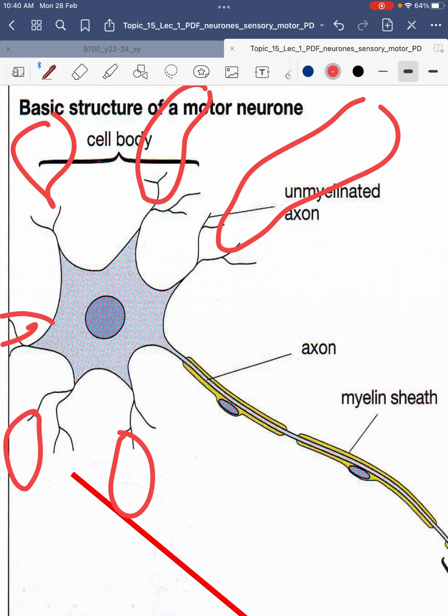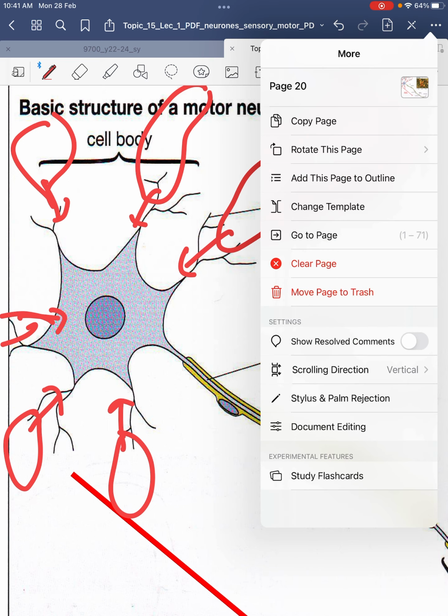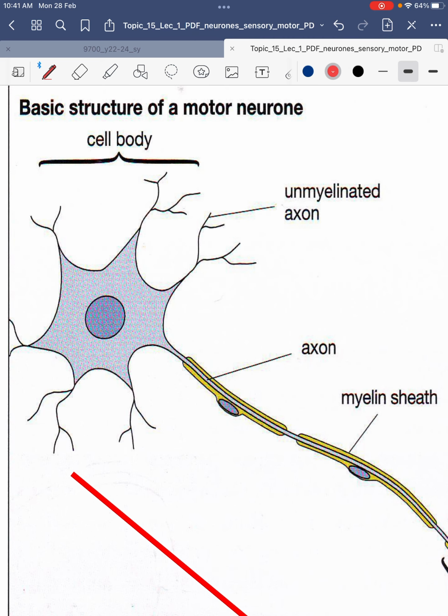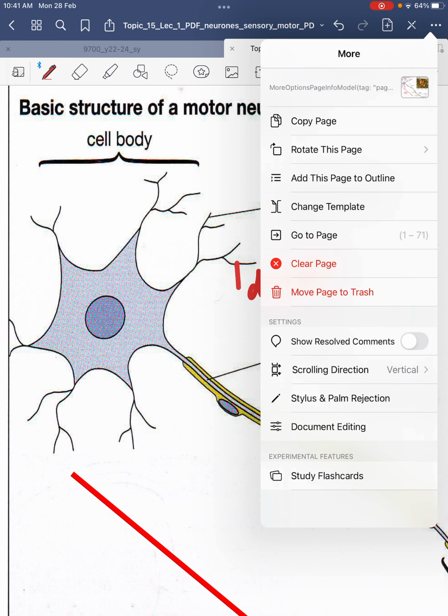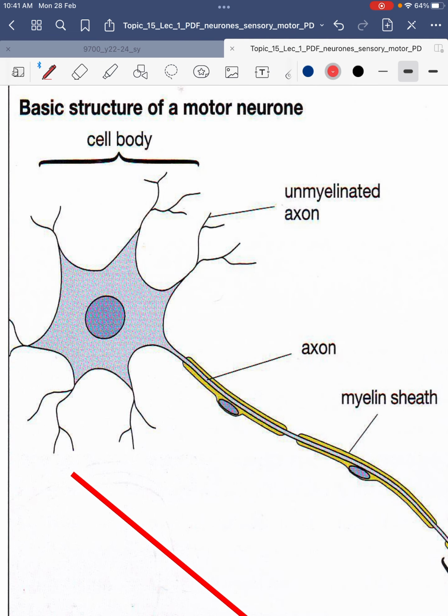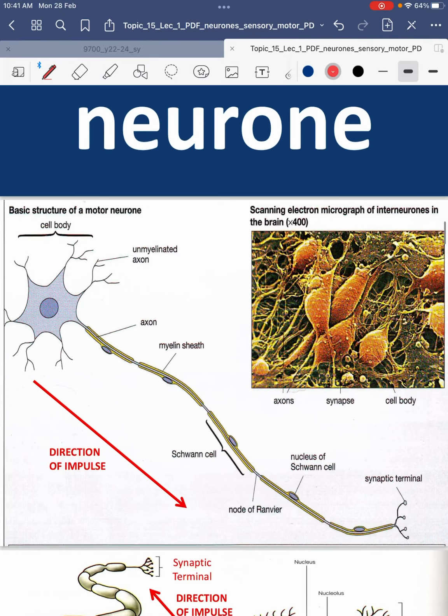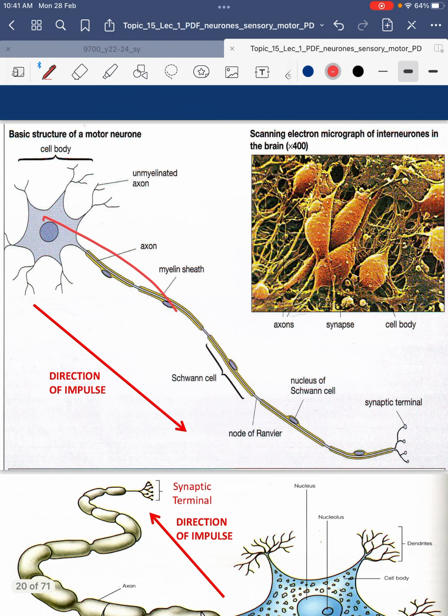It's basically receiving nerve impulses from other neurons, so it's also to increase the surface area. Remember just now, it's called dendrites. So this is the direction of impulse.